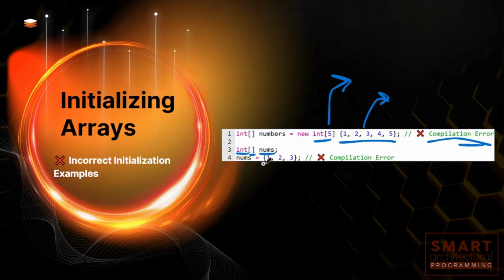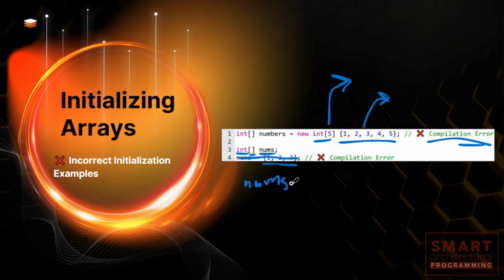After that, we just gave it the 3 values in the curly braces. We can't assign values this way after declaration unless we use new and int, basically. So this is the wrong way to do it, and the correct way would have been, after we did line 3, we cut out line 4 because that is the incorrect way to do it. Then we write nums.